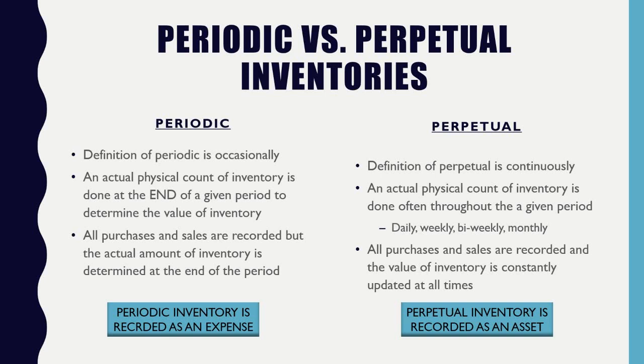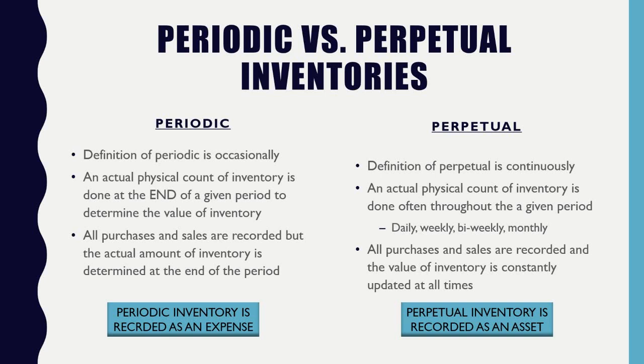So let's talk about perpetual. The definition of perpetual is constantly, where you're constantly updating your inventory. That means every time you make a purchase, you're updating your inventory. Every time you sell the product, you're updating your inventory.